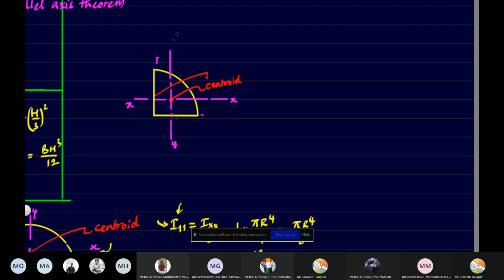This is IYY. Parallel to the base, we get one axis, and here we get two.